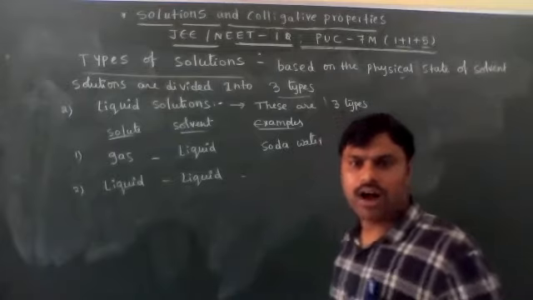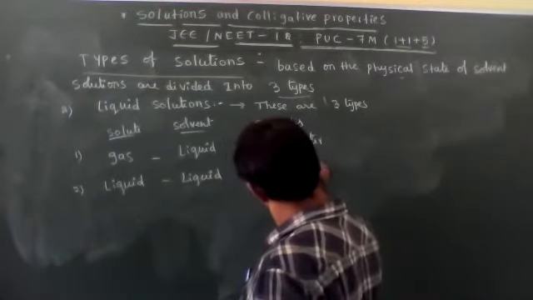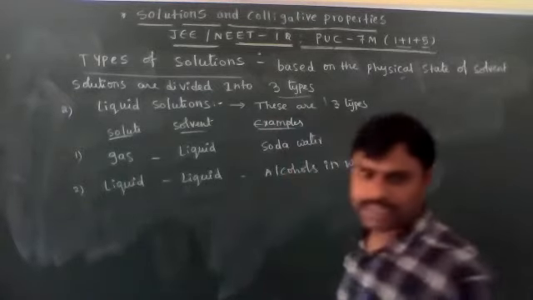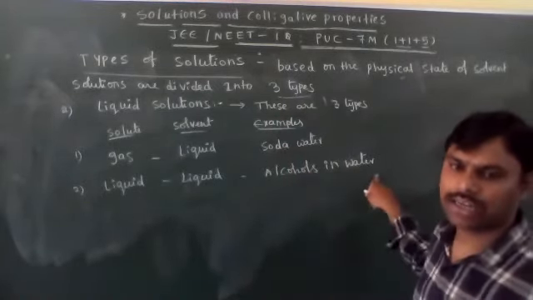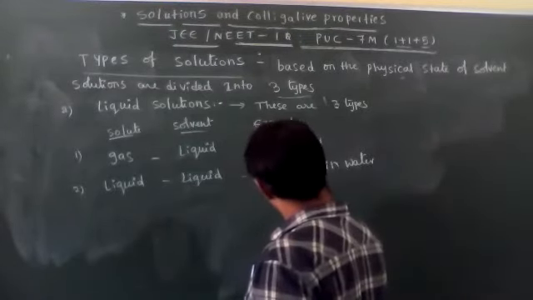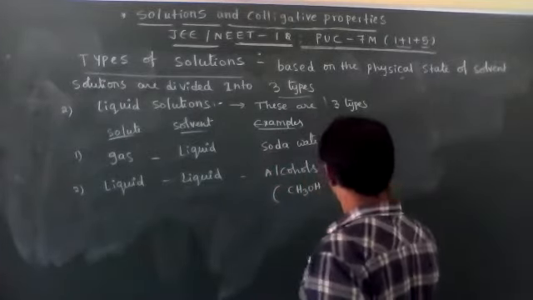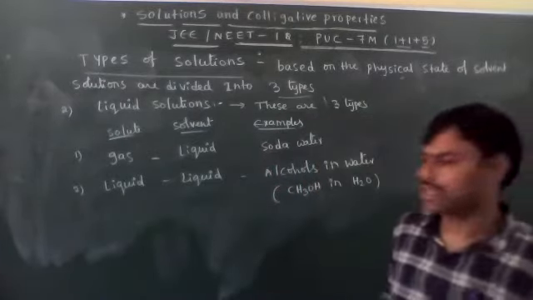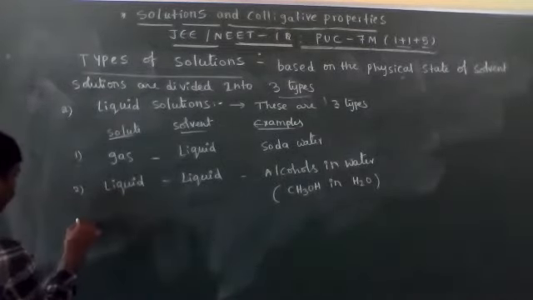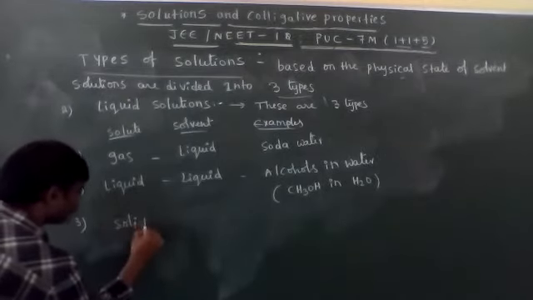Then examples: alcohols in water, because the alcohols are present in liquid state and water is also in liquid state. If you still want an example, methyl alcohol CH3OH in H2O, or ethyl alcohol in H2O. Now the third one is solid in liquid.